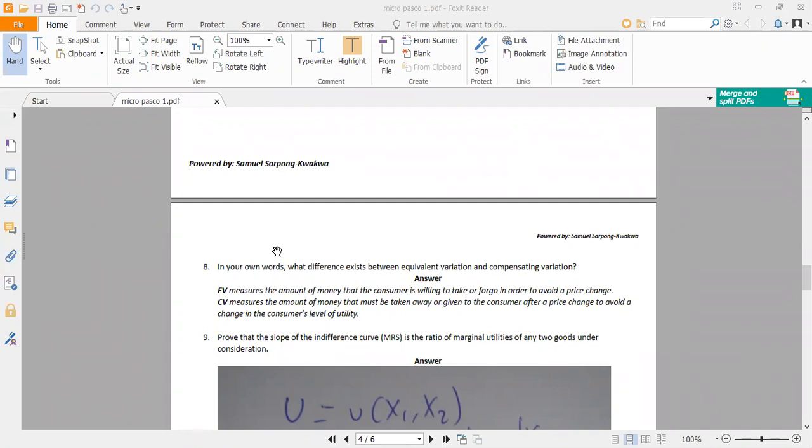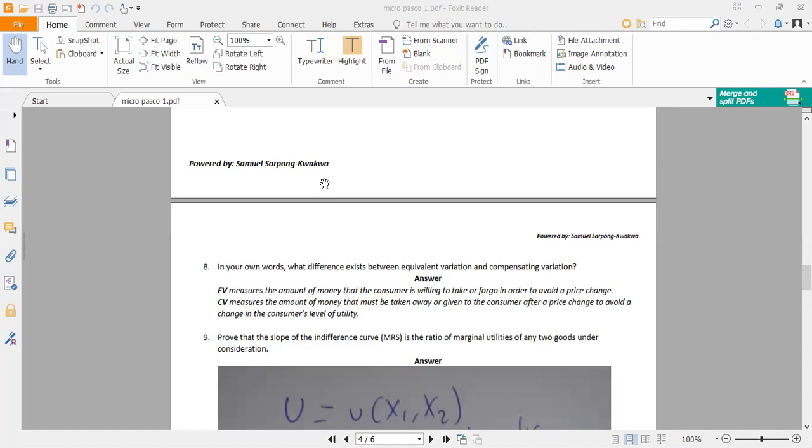Income. Just assuming there's going to be a fall in price, that one will cause an increase in the consumer's welfare, because now the consumer can buy more quantities of the goods that he used to buy because of the fall in price. Now, if you don't reduce price, but you increase the person's income, that one too means that he can now afford more quantities, and that one too will increase the level of welfare.